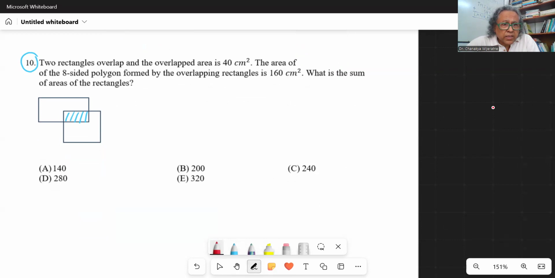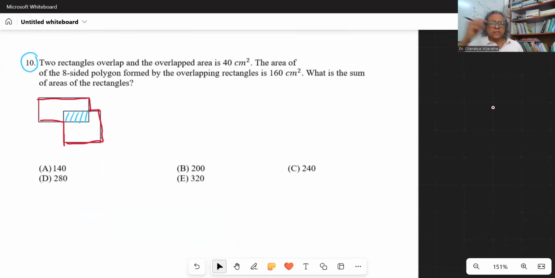You see, here's one side, another side, 2, 3, 4, 5, 6, 7, 8. That's the eight-sided polygon, right? And this area is 160 square centimeters.